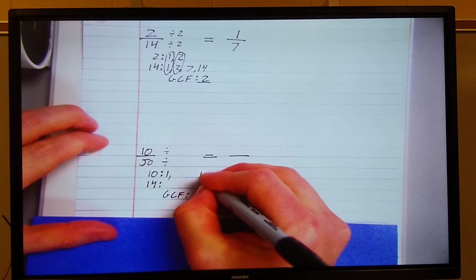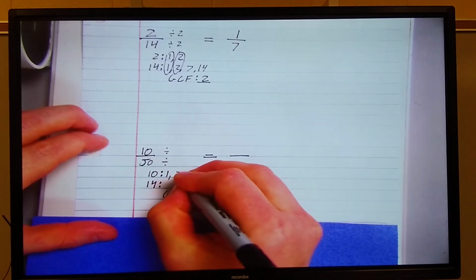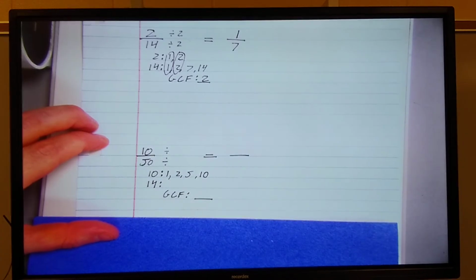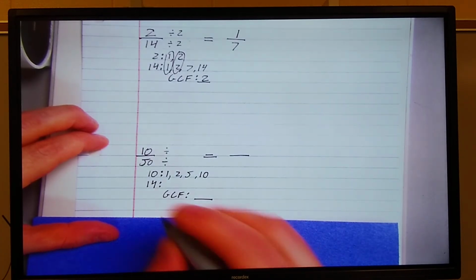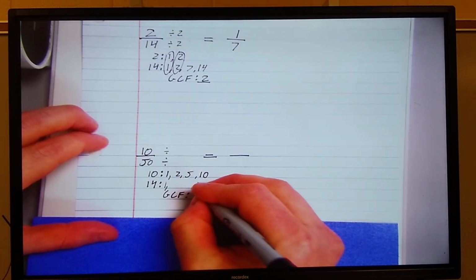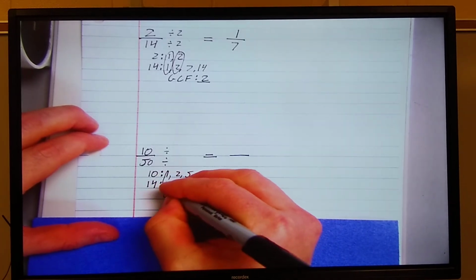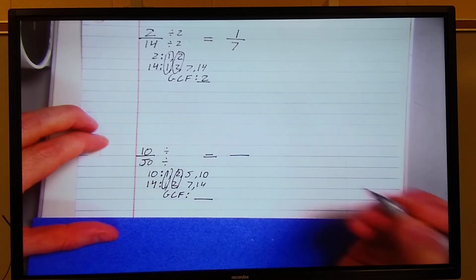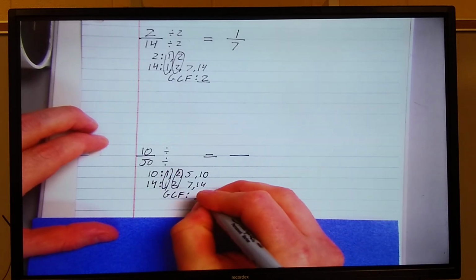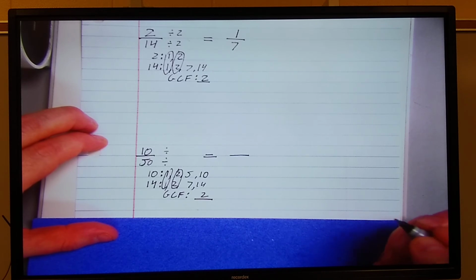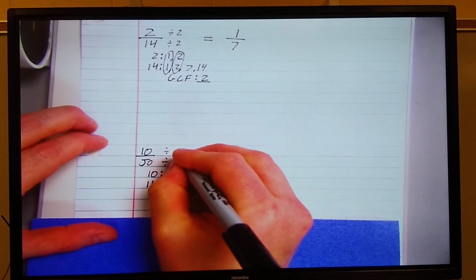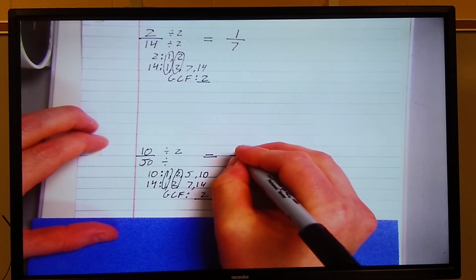I know 1 times 10, 2 times 5. That's it. Now, 14. 1 times 14, 2 times 7. And that's it. My common factors are 1 and 2. My greatest common factor is 2. 10 divided by 2 is 5.